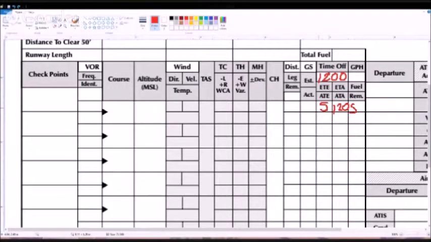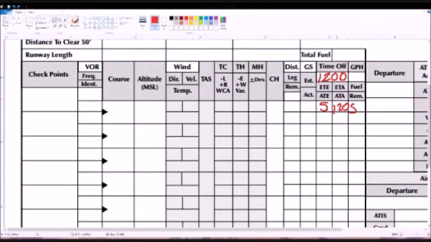Next, we'll be going over actuals. So the estimated time en route on this flight was 5 minutes. So then it went to your estimated time of arrival, which was 12:05 here. But when you're flying, you have to have the actual times. So your actual time en route, if you're recording, would depend on your flight, obviously, and your checkpoints.